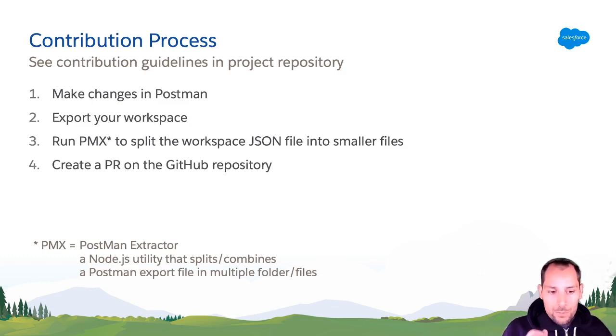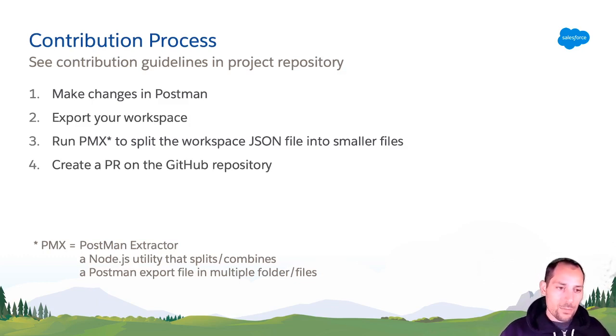And what this Postman extractor does is that it splits this large JSON file into smaller JSON files with also a file structure with different folders. So that makes it very easy for us to actually version the thing because we see smaller, more granular files. And the PMX utility actually has two features. It can actually expand the single workspace file or also compress it back into one single file.